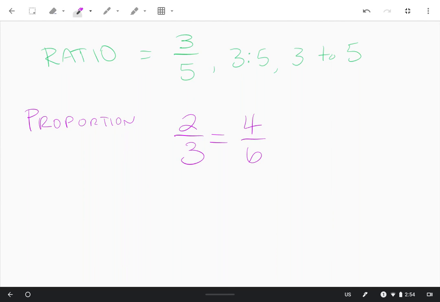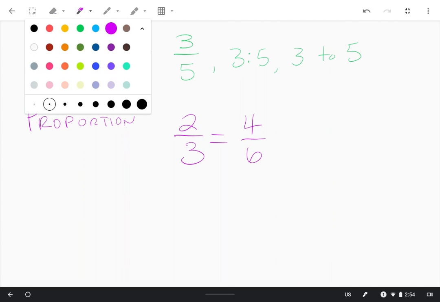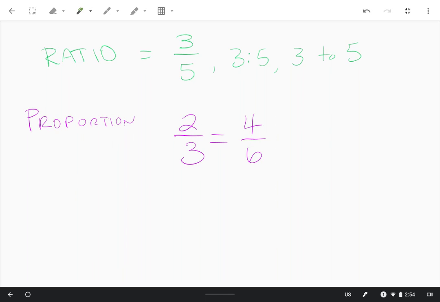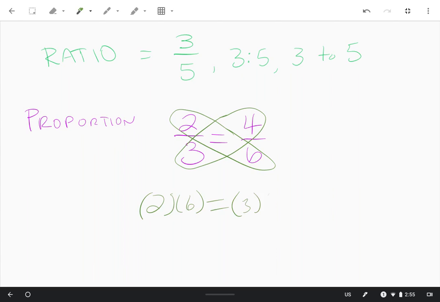So just as an example, without getting into too much detail, we know that if I multiply those two numbers and I multiply those two numbers, the answers are going to be equal. 2 times 6 and 3 times 4 is 12 and 12.